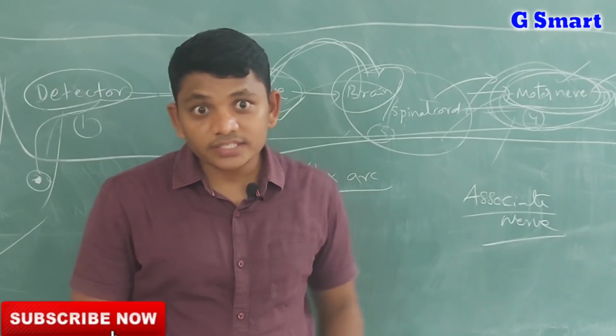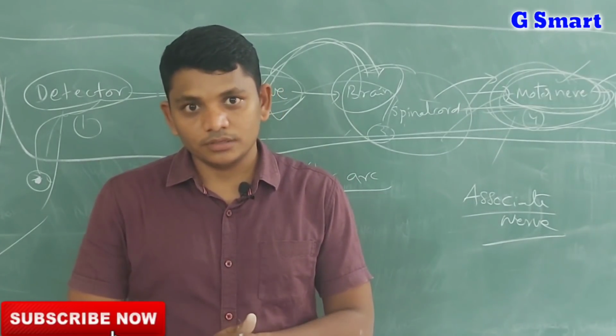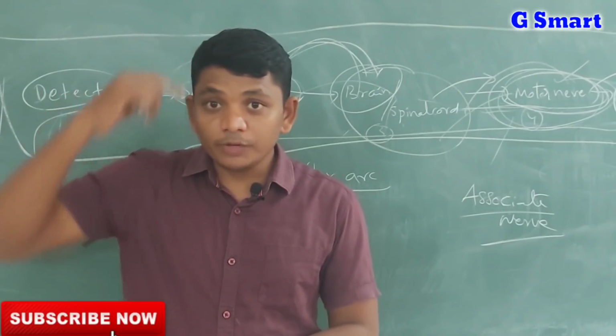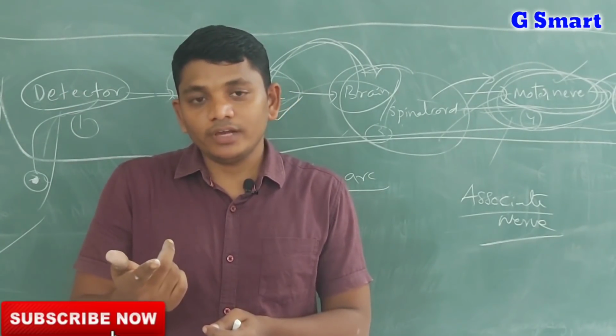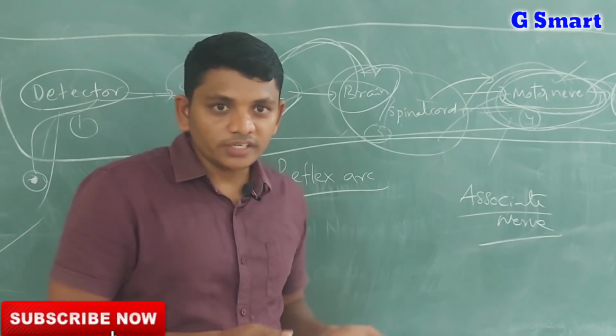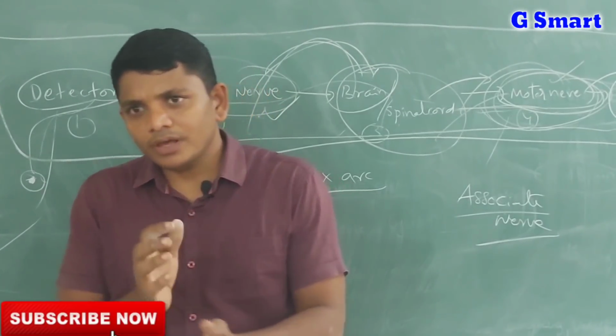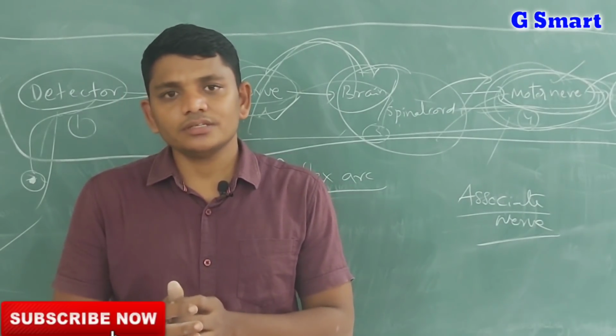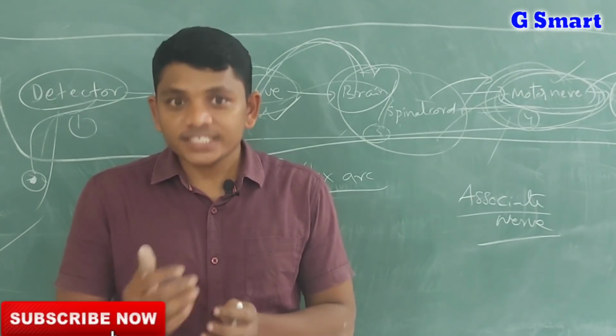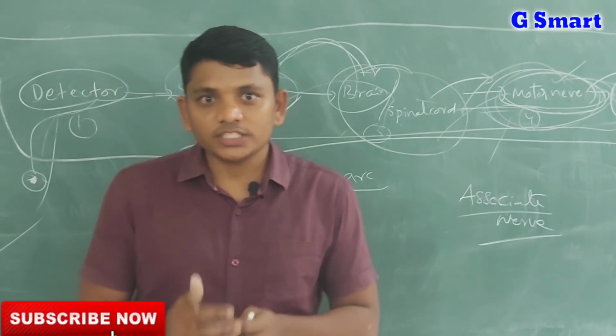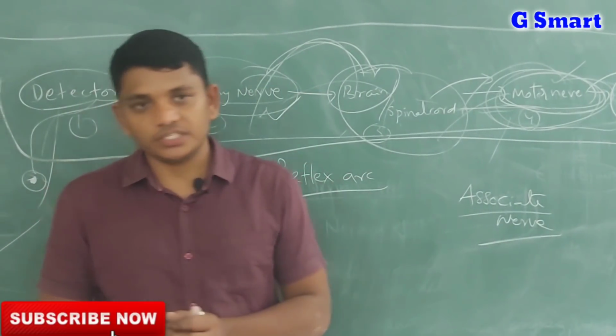In this way it gives me instructions. If the information goes to the brain, it may take more time compared with the associate nerves' response. That is why it saves us from some dangerous situations.